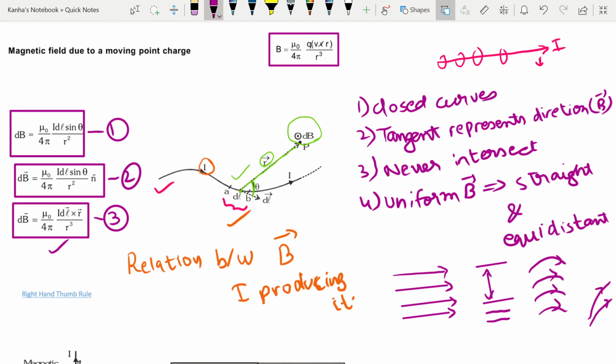Okay, so these things should be kept in mind. Other thing that you should notice, at any place, the more crowded the lines are, the stronger is the field at that place. Okay. One more thing that you should notice, magnetic field lines will start or enter the surface of a magnetic material at any angle. Okay. And also that magnetic field lines exist inside every magnetized material.